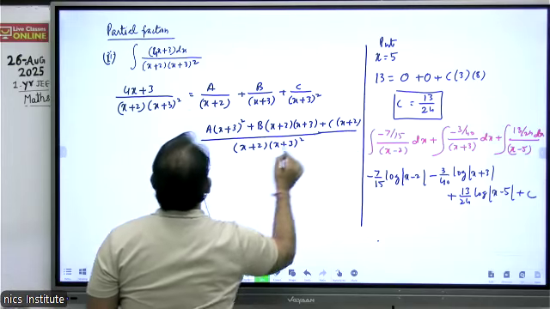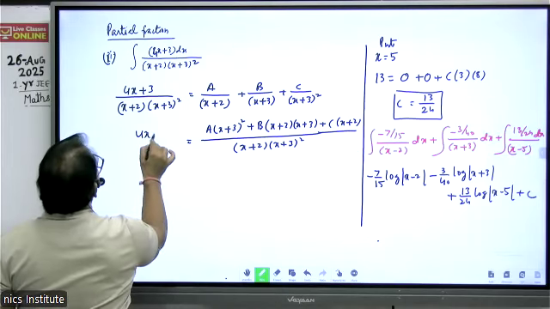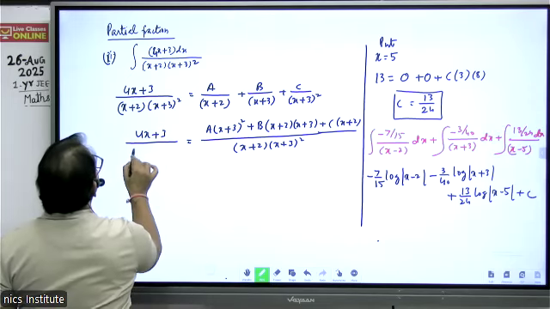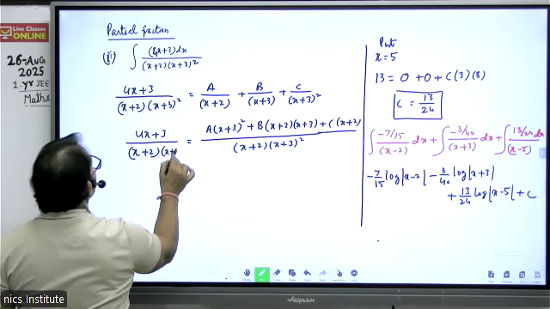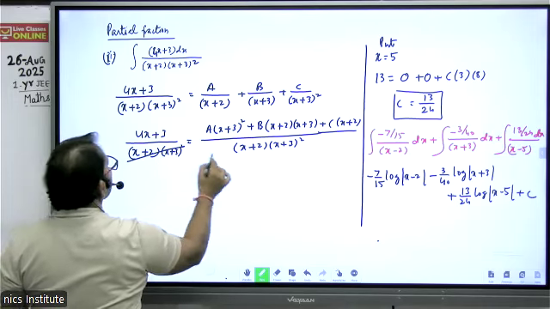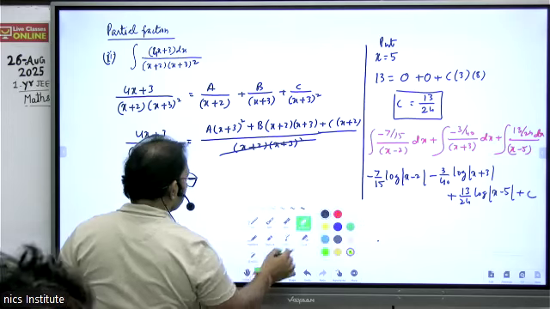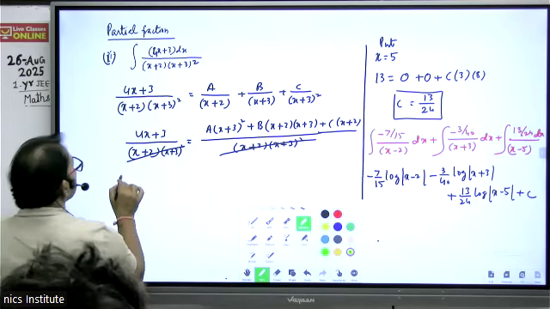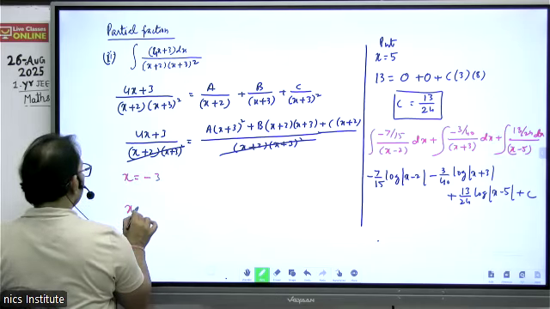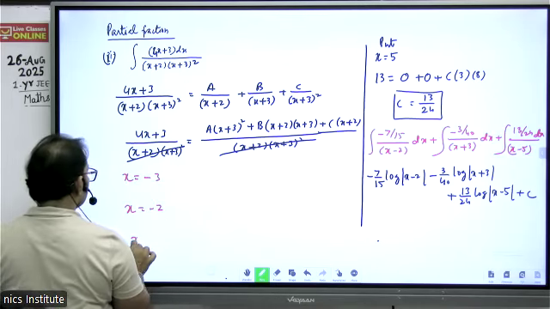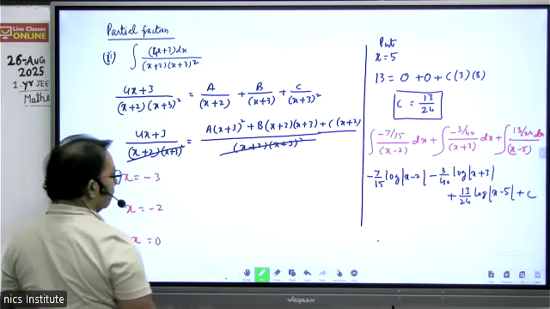Right. Perfect. Now you put zeros. Zeros are minus 2 and minus 3. But there are three unknowns, right? So for the third one, what we do is we substitute 0. So take x equal to minus 3, take x equal to minus 2, and then take x equal to 0. You'll find ABC.